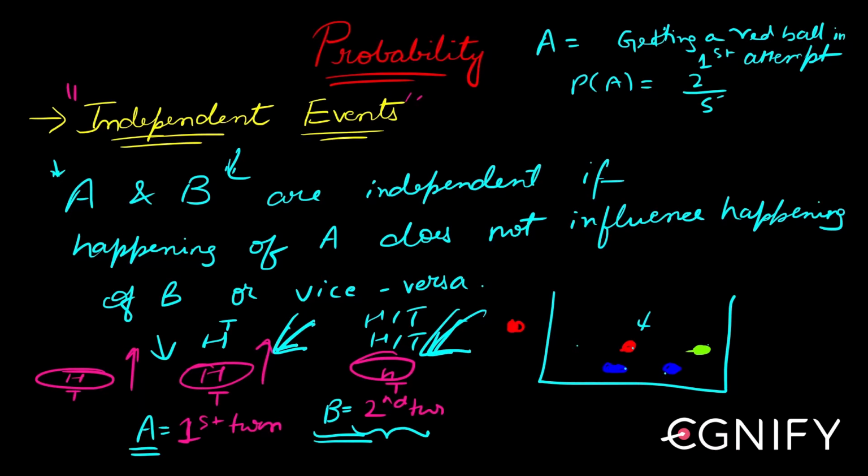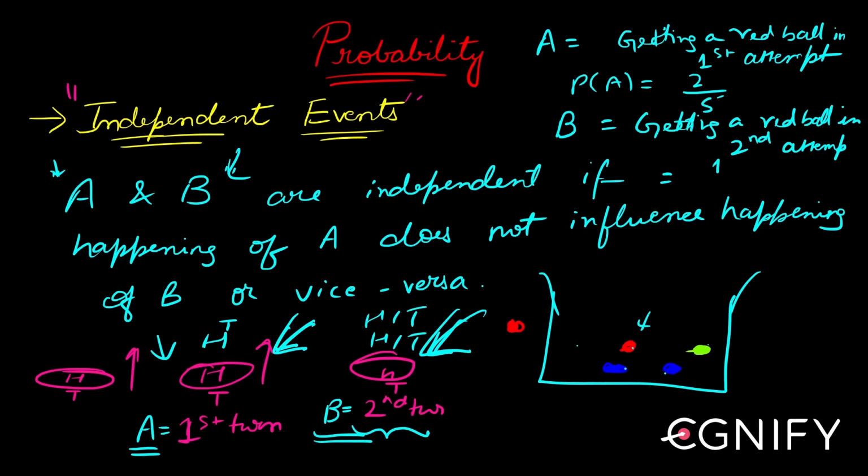Now say B is getting a red ball in the second attempt. What is the probability of getting a red ball in the second attempt? The first red ball is out of the box now, so you have one favorable case and 4 in total. So B is dependent on A. Why?